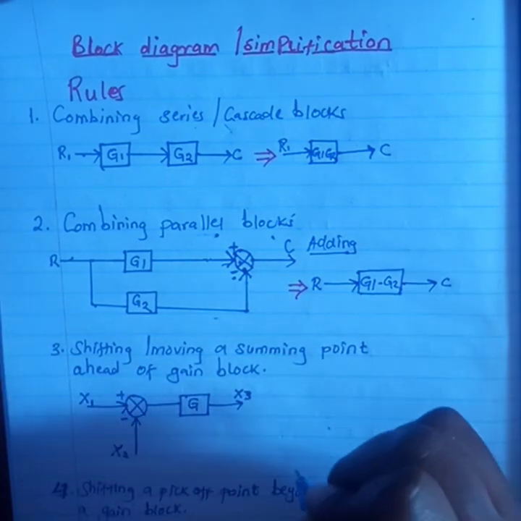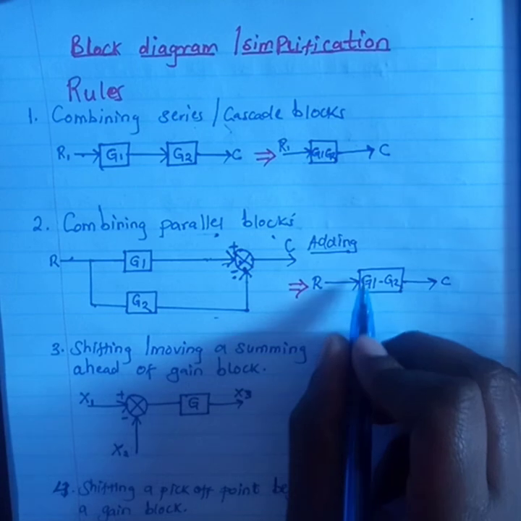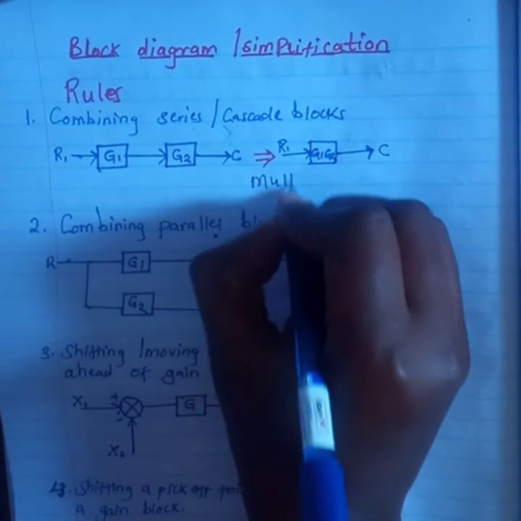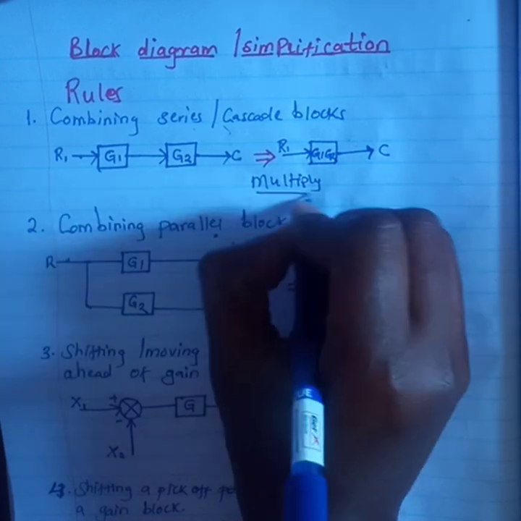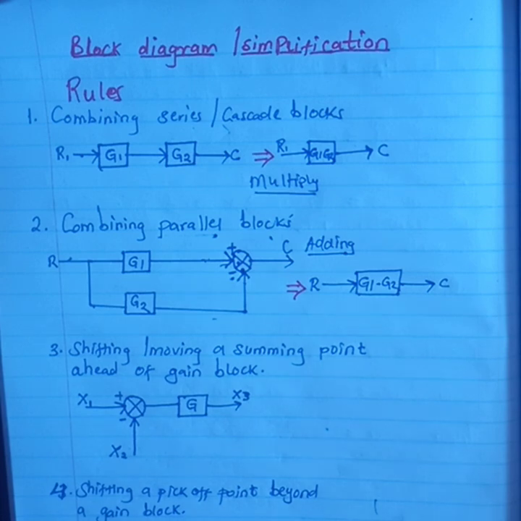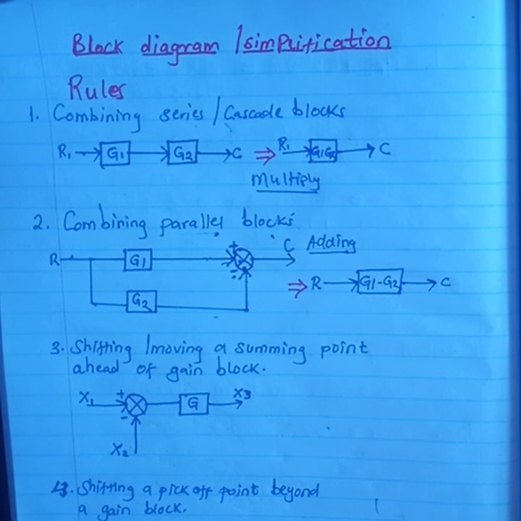We just add them, then represent them in one block. But for series blocks, we just multiply them. So you have to get that difference: for series blocks, you multiply them; for parallel blocks, you add them.